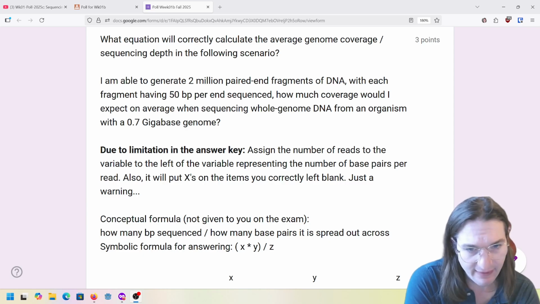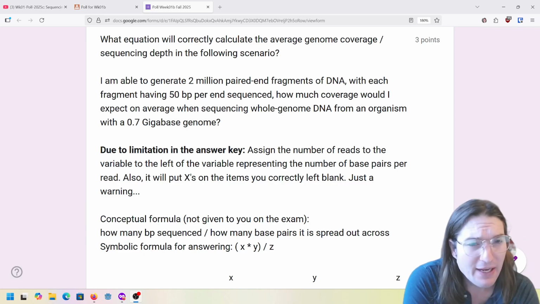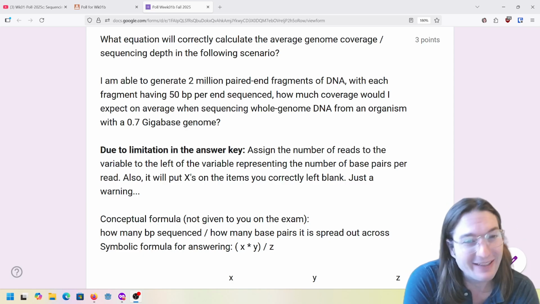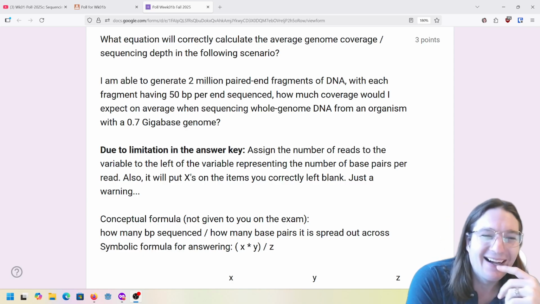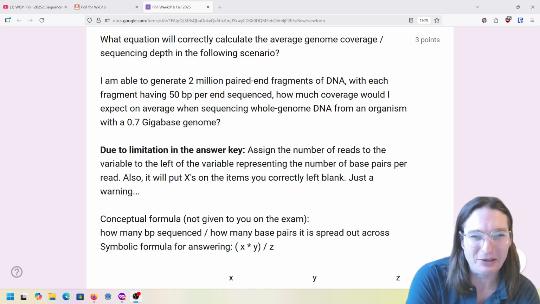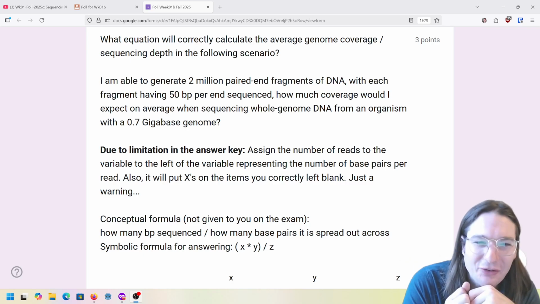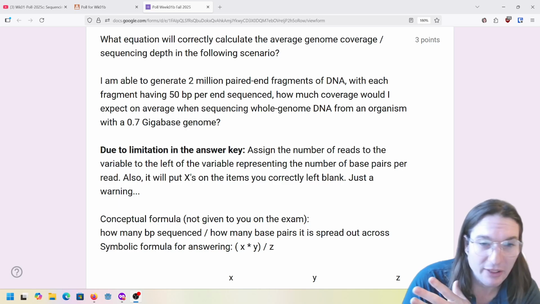So 0.7 times 10 to the 9th. If I'd said terabase, then it would be 10 to the 12th, but I don't think there is anything with a terabase size genome yet that we know of. Terabase is only ever going to come up in some sort of compilation of data situation. But a lot of organisms have gigabase sized genomes, including us.